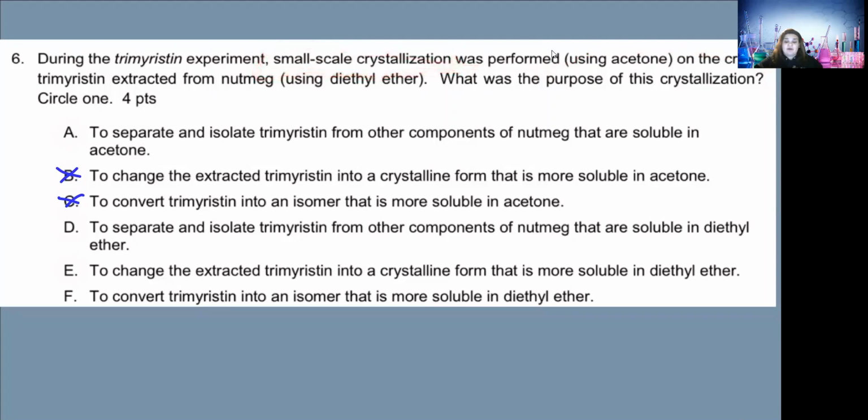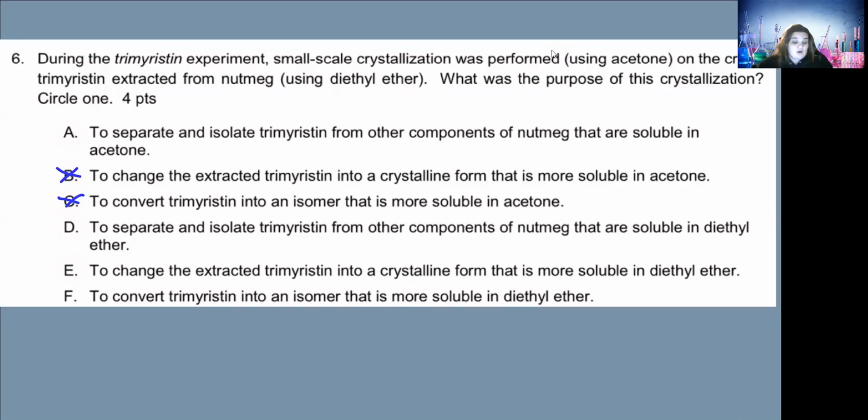Well, we know that when we use diethyl ether, we're extracting trimeristin, but along with trimeristin, there are other soluble impurities that do dissolve in the diethyl ether. So when you are performing your gravity filtration, right, you're developing crude trimeristin, meaning there's trimeristin mixed with other impurities.